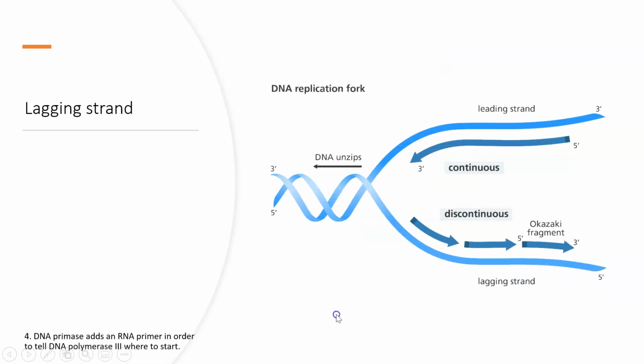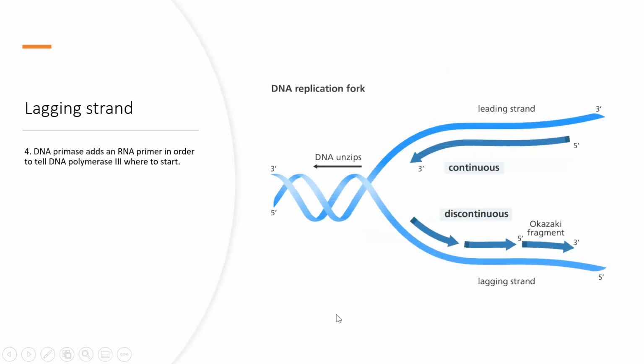Now our lagging strand, the DNA primase adds an RNA primer in order to tell DNA polymerase 3 where to start. So we've got a slight difference here. We need this primase to add the primer to say this is where you're starting replication, polymerase.